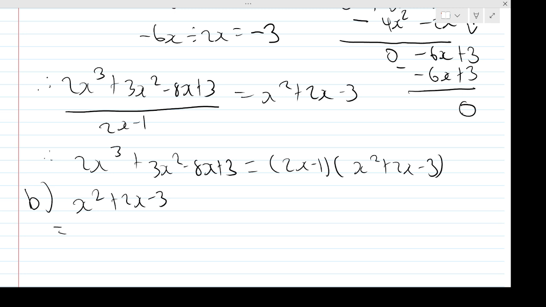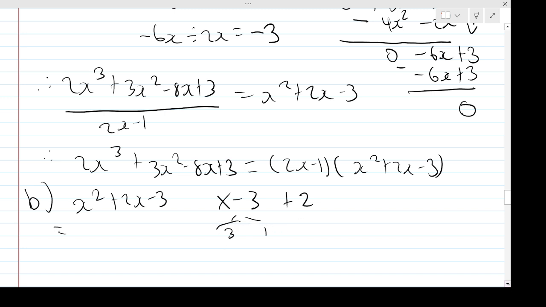In order to do that, remember we looked at factorising quadratics before in the course. So I need to consider two numbers that multiply to get minus 3 and add to get 2. Well, the only factors are 3 and 1, and 3 take away 1 will get me 2.